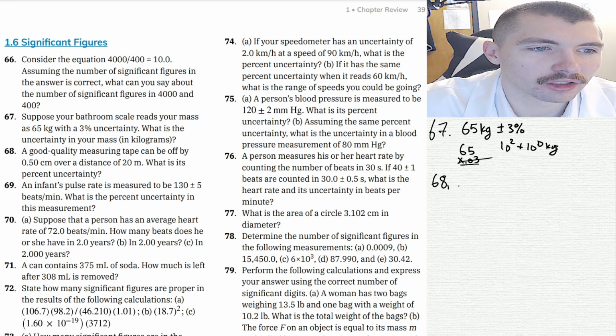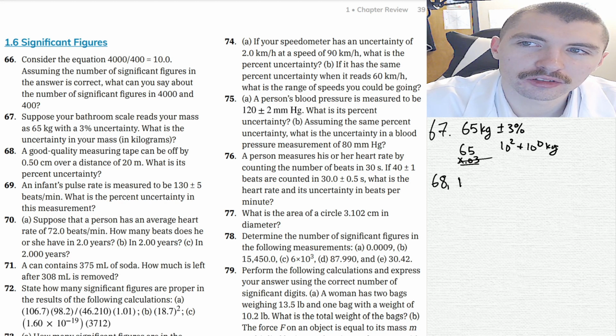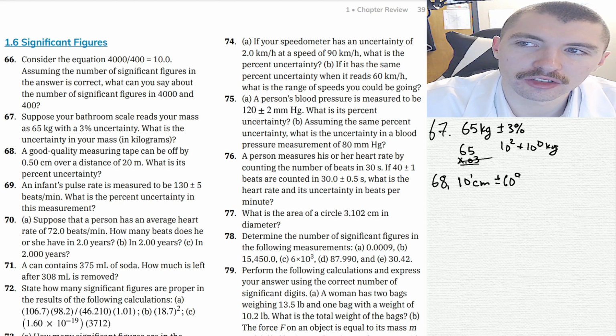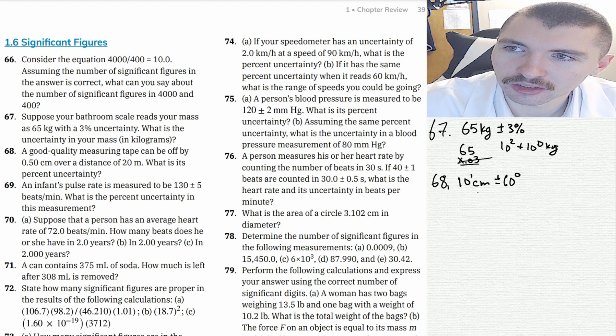68, a good quality measuring tape can be off by half a centimeter. What is the percent uncertainty? Okay, so 20 centimeters, that's about 10 to the 1 centimeters, plus or minus 0.5, that's about 10 to the 0. So what percent is that?